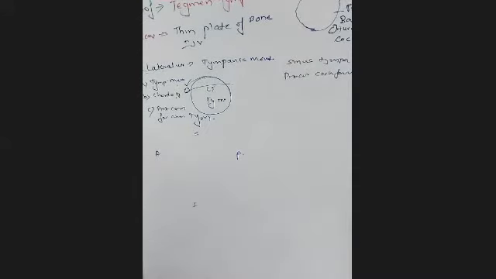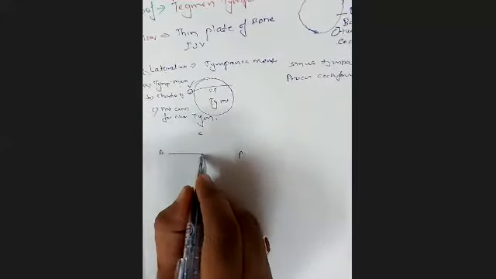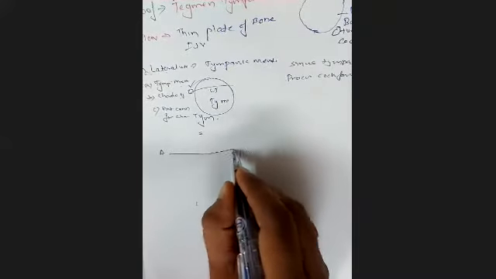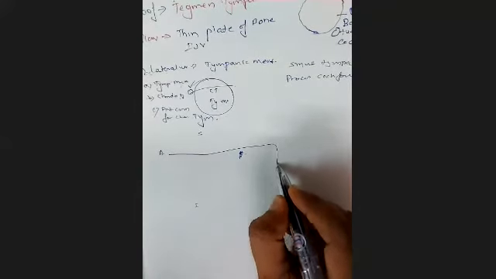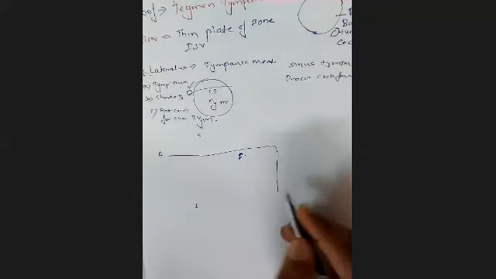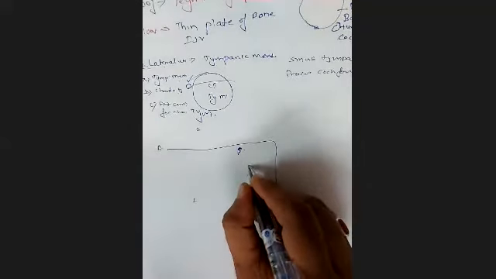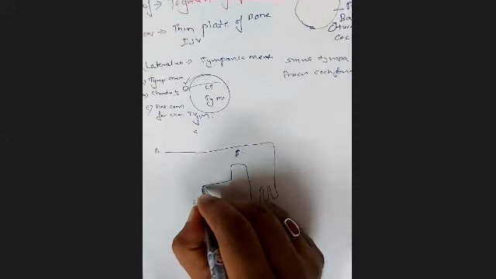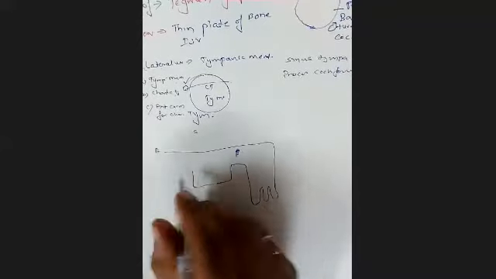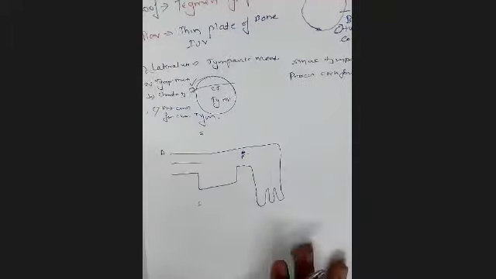So when we look from that view, they say the middle ear looks like a pistol. A double barreled pistol.